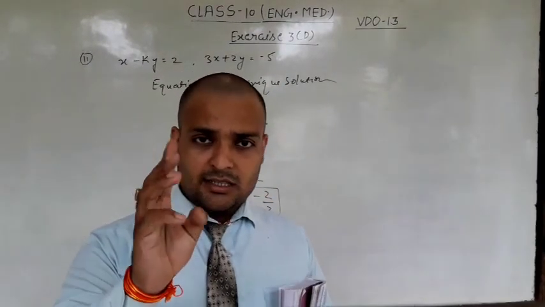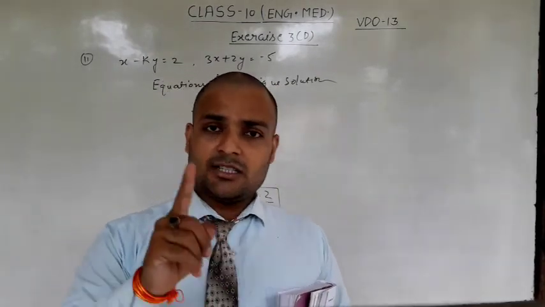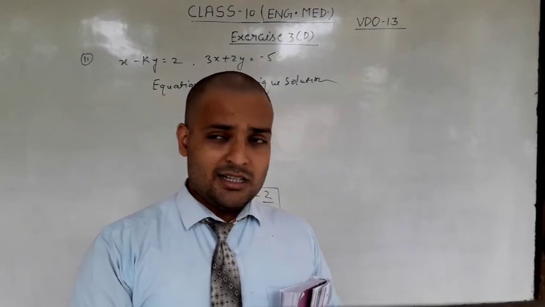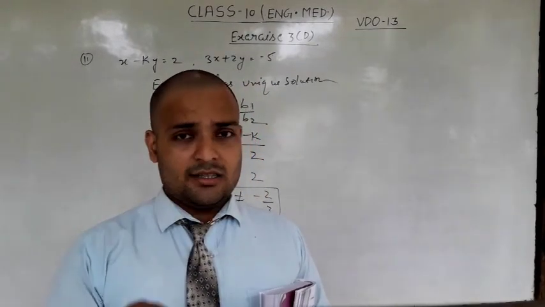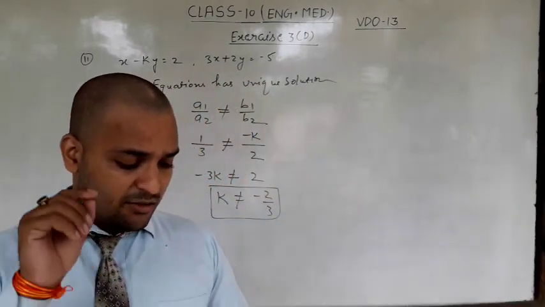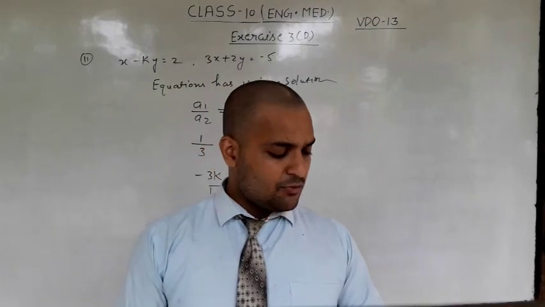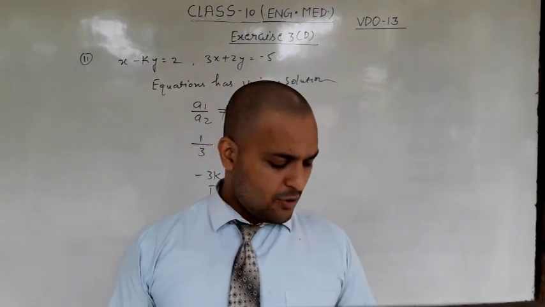There are three conditions. In the first two conditions, unique solution and infinite solution, it is consistent, and in the third condition it is inconsistent because there is no solution in condition number 3. So please try to solve till question number 14, 15, 16, that you have to solve.